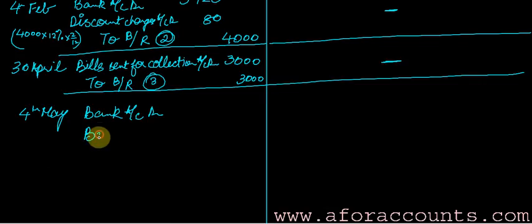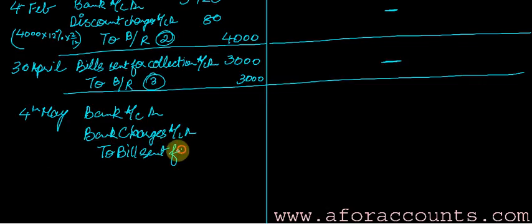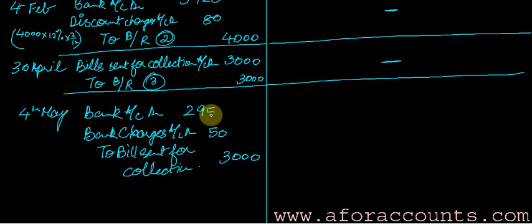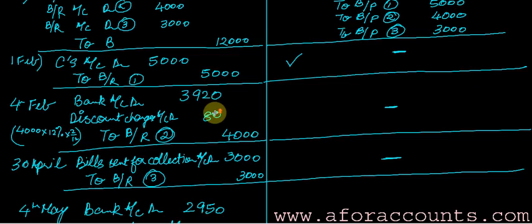Bank charges account debit, to bills sent for collection, 3,000. 50 are the charges, and I am left with 2,950.